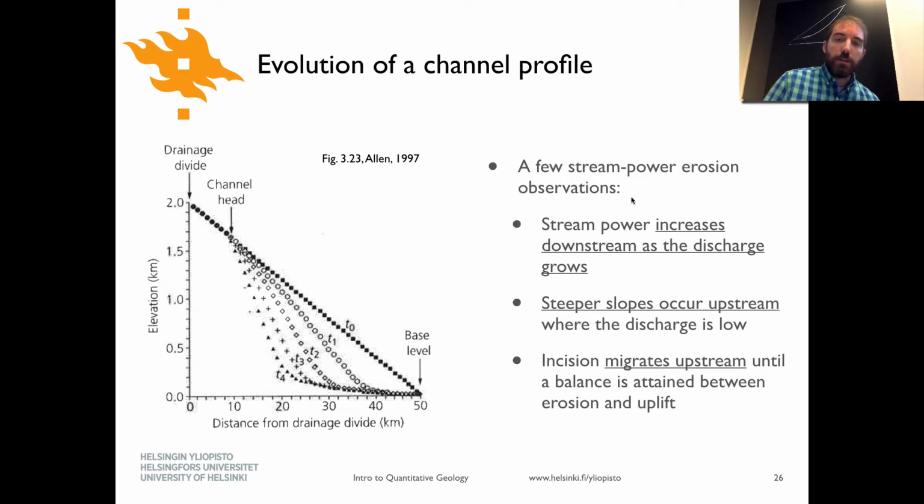And what we see with the stream power is it increases as you go downstream with the increasing discharge, and the slope goes down to compensate for that increase in discharge, and here the slopes are high. And you'll basically model something that looks quite a bit like this picture here for the exercise for this week.